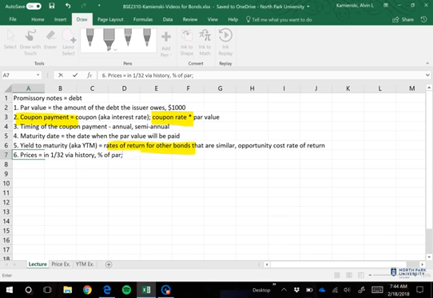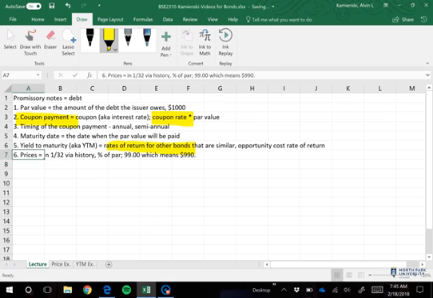So you might see something listed, for example, as 99.00, which means a $990 bond. How do we get something like that? Well, it's percent of par. So if it is 99% of $1,000, that equals $990.